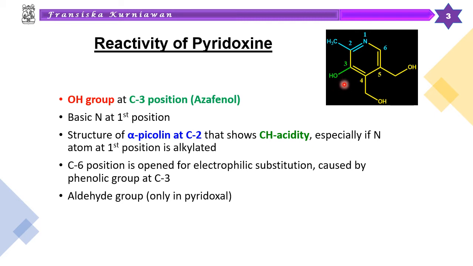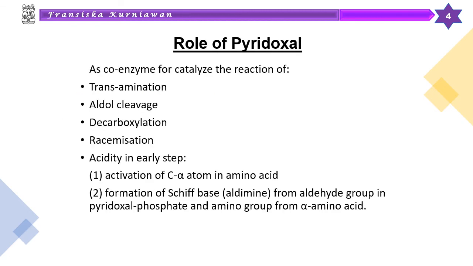And also, if you have a pyridoxal, if you still remember, in this part you have the aldehyde group. And if you remember the previous sections, aldehyde is one example of a reactive group. So this is the reactive part of the pyridoxine.